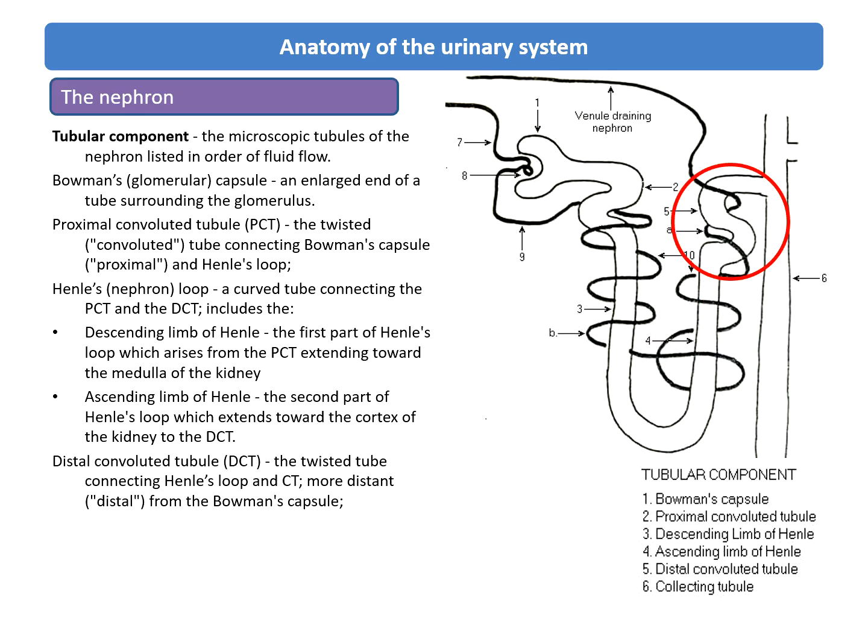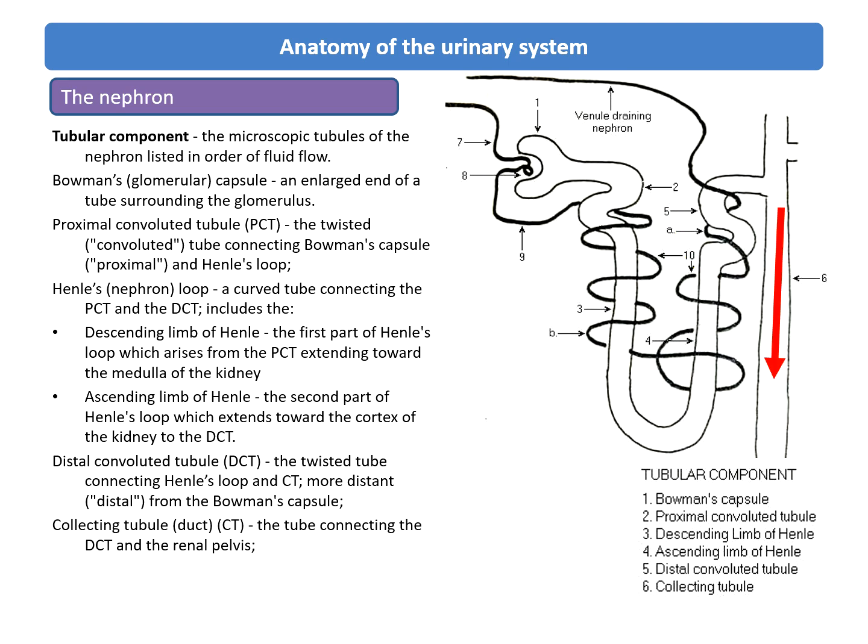The distal convoluted tubule is the twisted tube connecting Henle's loop to the collecting tubule. Again, the name distal meaning more distant from the Bowman's capsule. Convoluted is twisted. The collecting tubule or duct is the tube connecting the distal convoluted tubule with the renal pelvis.